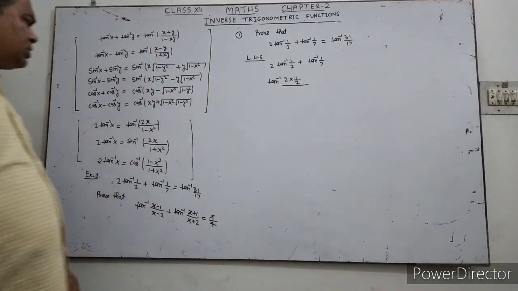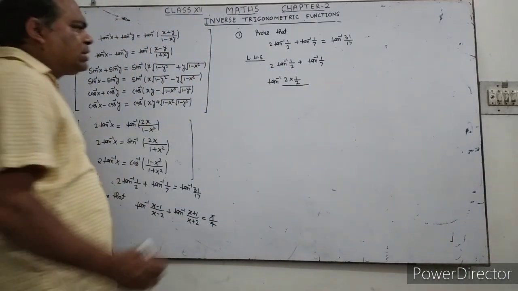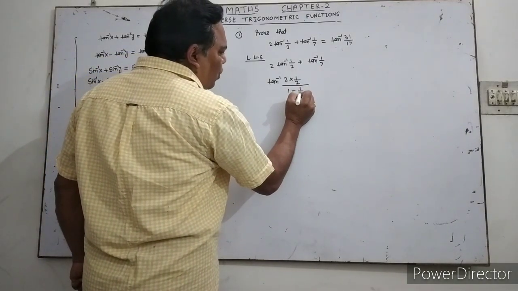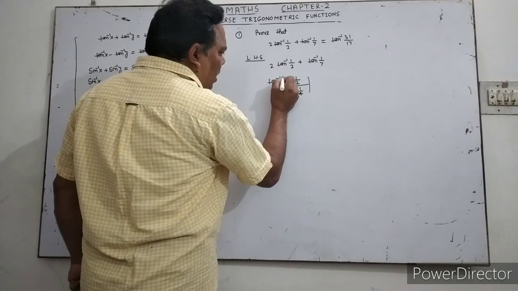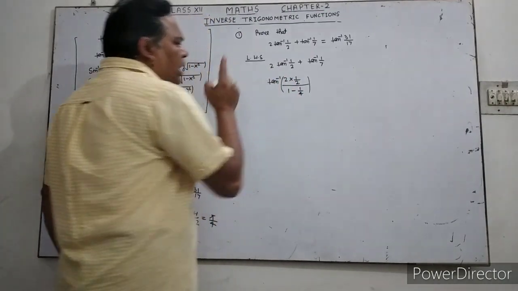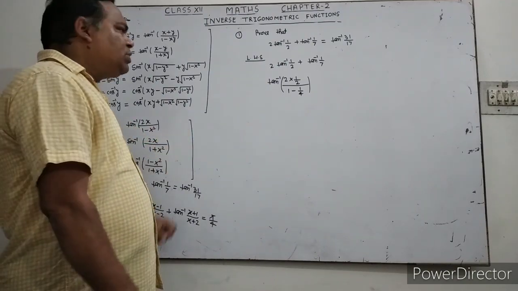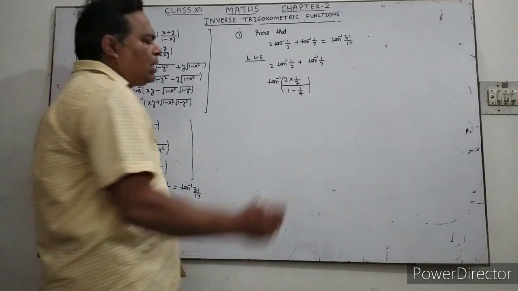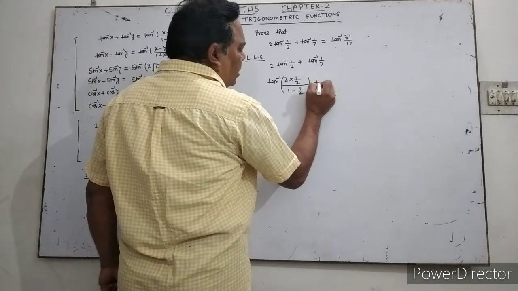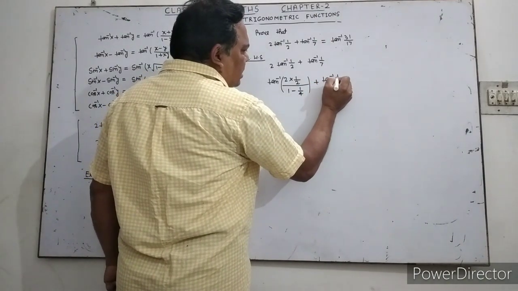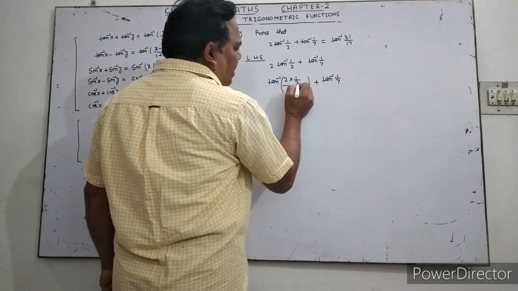Tan inverse 2x over 1 minus x square, with x equal to 1 by 4. Use the formula for 2 tan inverse x. What is the formula for 2 tan inverse x? Tan inverse 2x over 1 minus x square, plus tan inverse 1 by 7.